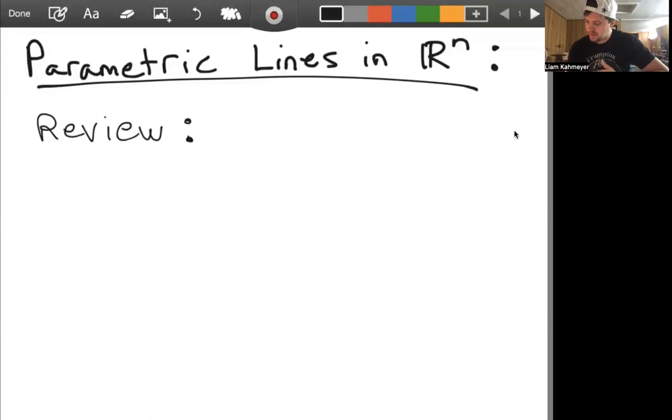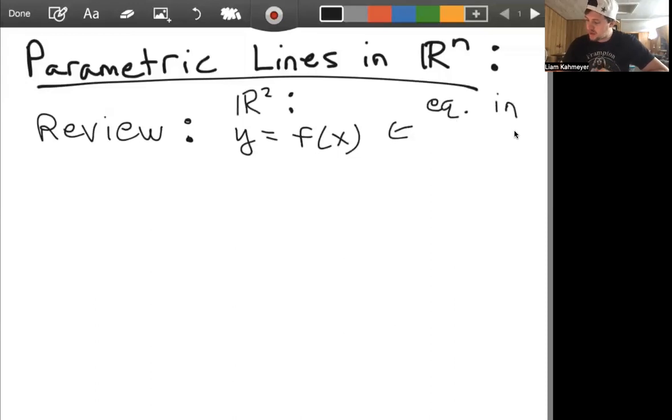So remember, let's look in R2. If you have a function y equals f of x, this is an equation in what we'll call Cartesian coordinates. They're sometimes referred to as rectangular. The Cartesian here basically means spatial.